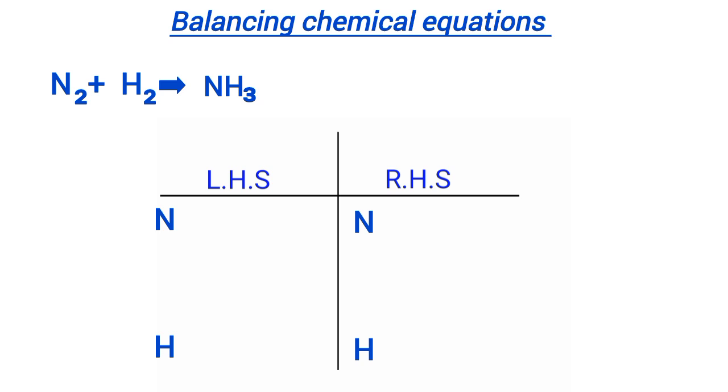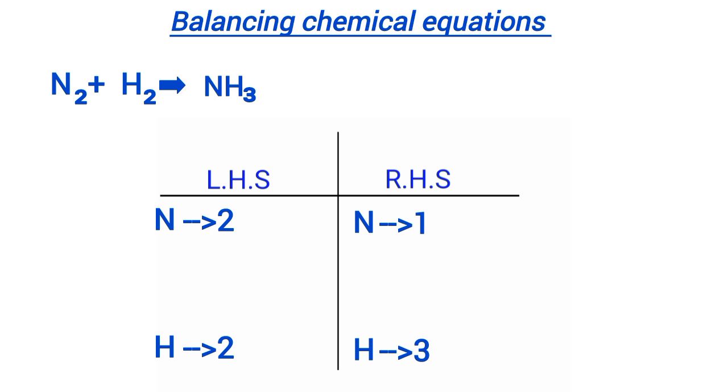On the left-hand side of the equation, we have two nitrogen and two hydrogen. On the right-hand side, we have one nitrogen and three hydrogen. When balancing chemical equations, it is best to leave hydrogen and oxygen for the last, since they are easiest to adjust. So in this case, we start with nitrogen.